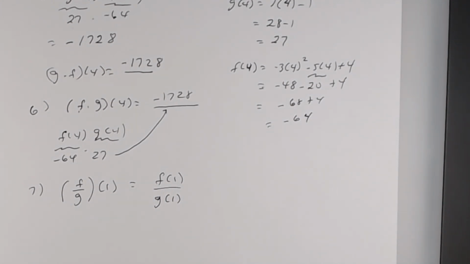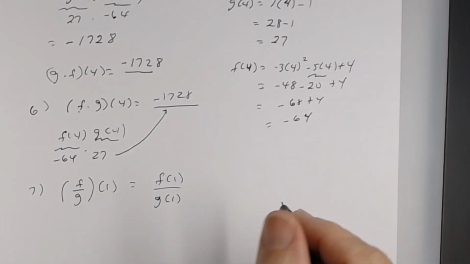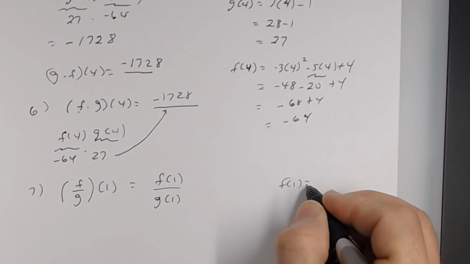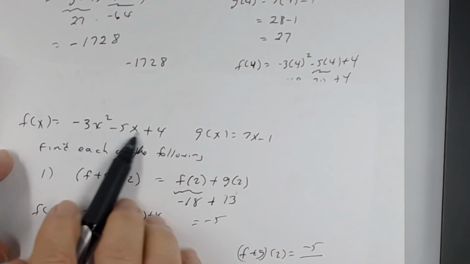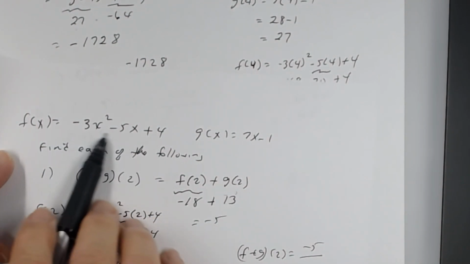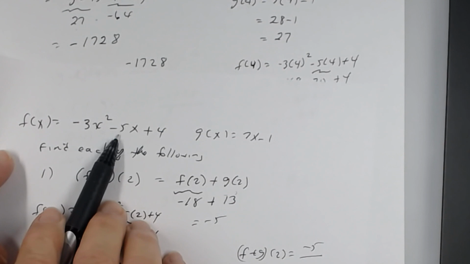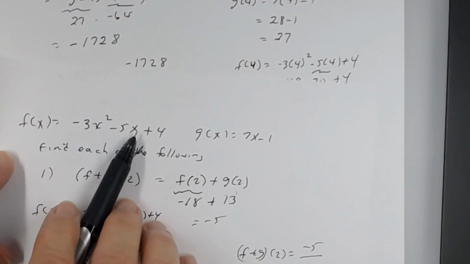So I go off and I figure out what f of 1 is. So I've got to go to my function f. And remember, your function f is this quadratic function that we let f of x be. So we see the variable x, what will I plug in?